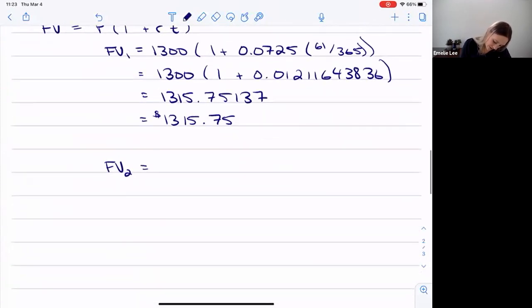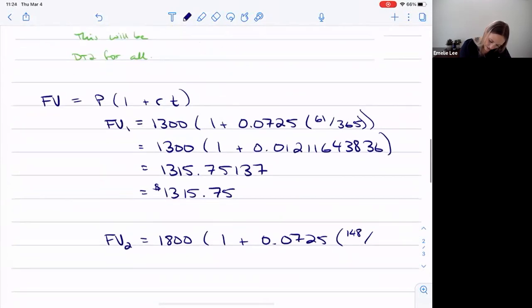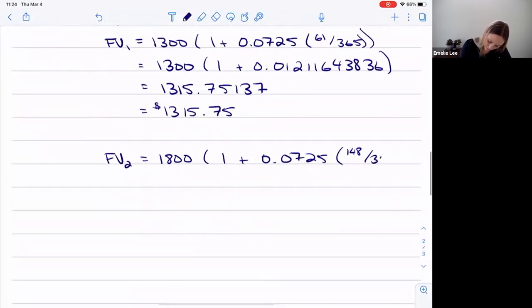So future value 2 is 1,800 times 1 plus 0.0725 times 148 over 365. Same deal, right?